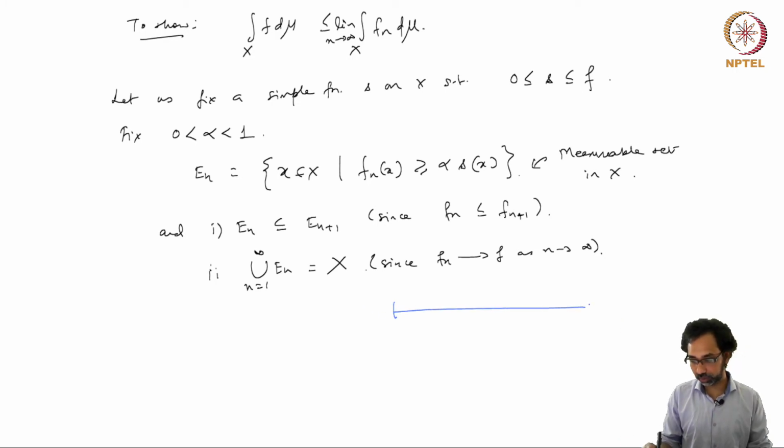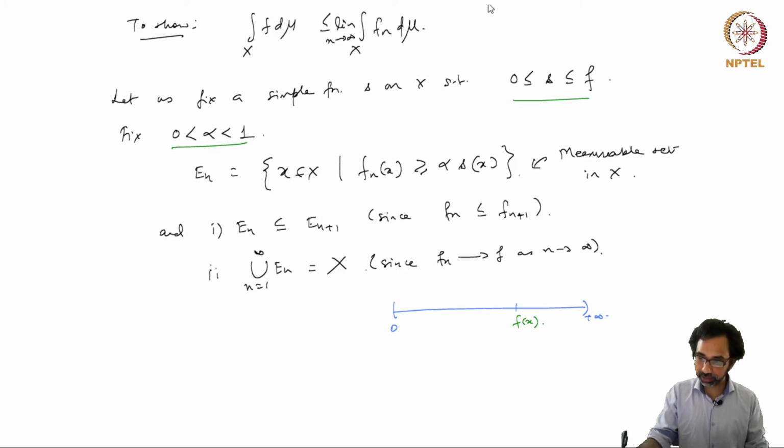Because if we look at the non-negative real line, 0 to infinity, let's say that f(x) is some finite value. Because we have chosen s to be less than or equal to f and alpha to be strictly less than 1, alpha s(x) will lie strictly below f(x).